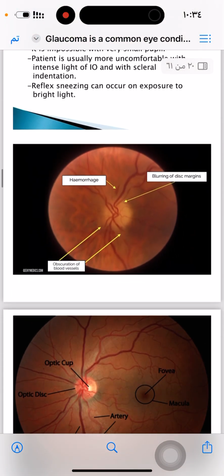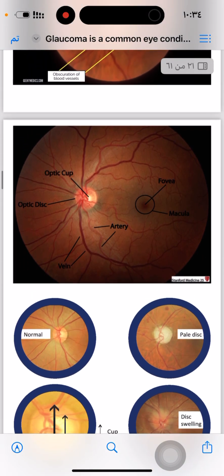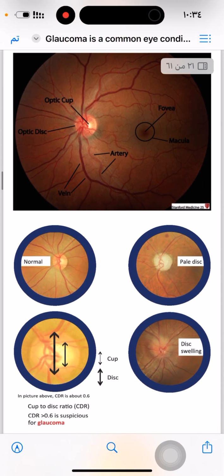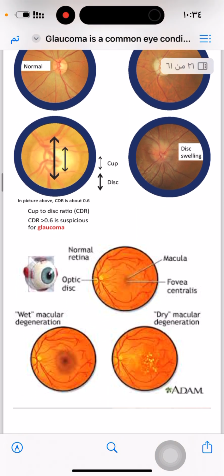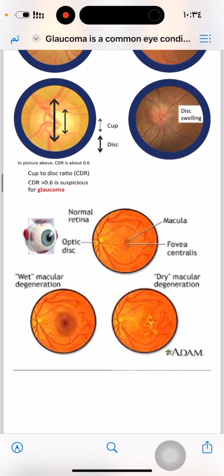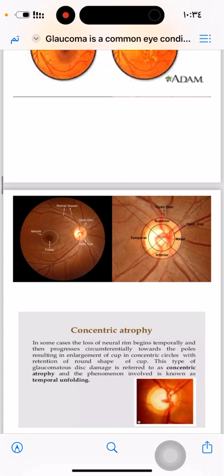There is a black shadow due to hemorrhage, and blurring of the disc margin due to hemorrhage from obstruction of blood vessels. We see pale disc due to ischemia, disc swelling due to edema, and as you see here, this is named the cup, and the other is the disc.